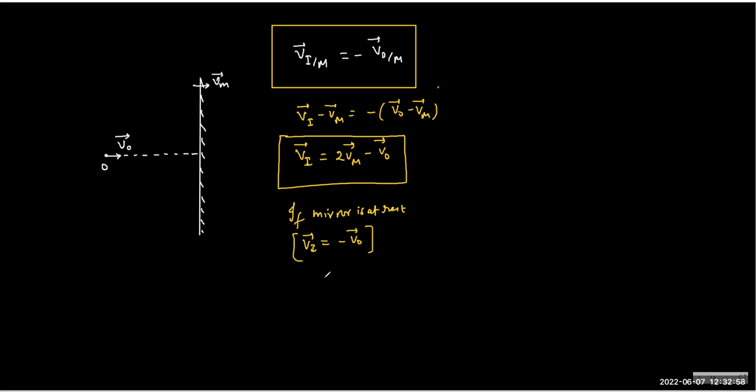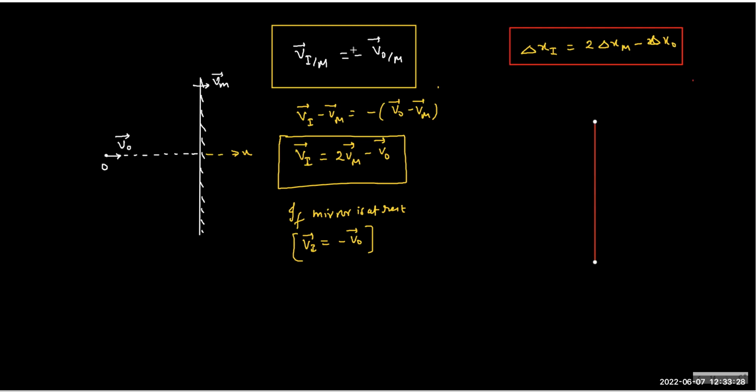In the ground frame, we have to write like this. If you multiply by time, the displacement of the image, let's call this the x-axis, will be twice the displacement of the mirror minus the displacement of the object. So this is also helpful in some situations. They may ask you a question like this. There is a mirror.